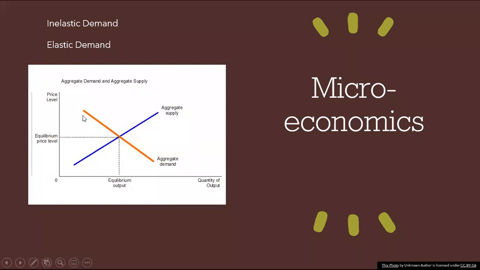When we talk about the demand curve and supply curve, we are talking about the demand and supply of that good in a specific geographic area, like a country, or of that good worldwide.